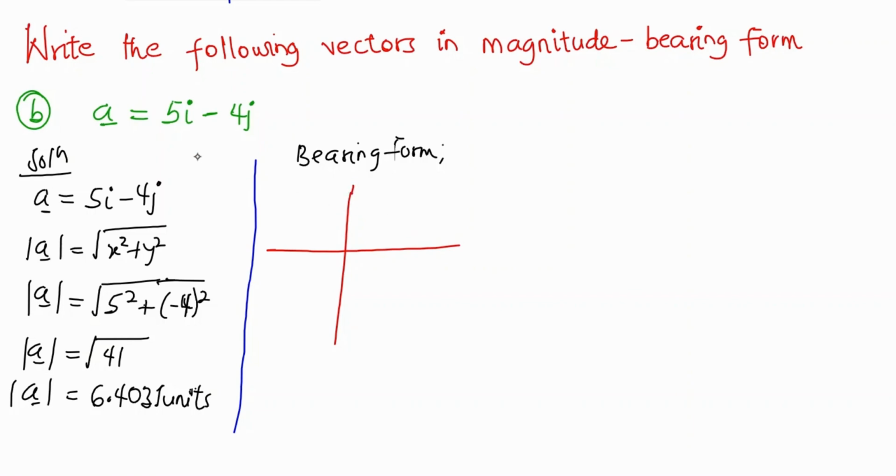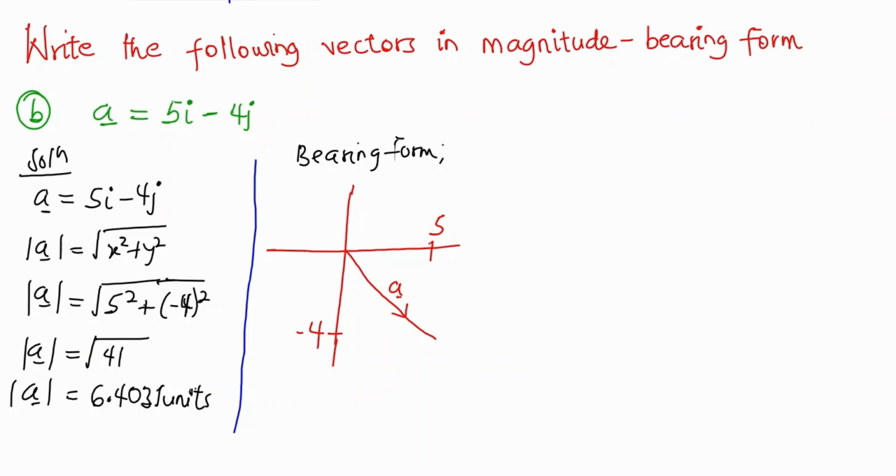The vector has parts: we know the x to be 5 and the y to be -4, which means we locate it down here. So the vector falls in this quadrant, and we draw our vector this way and label it.